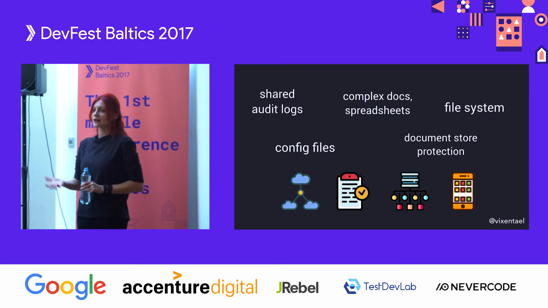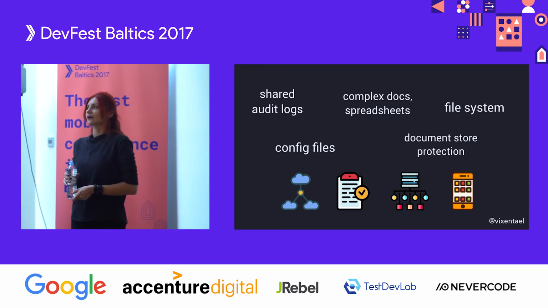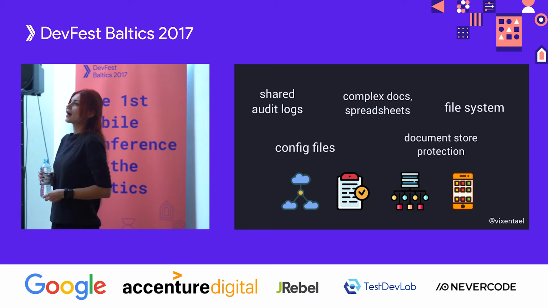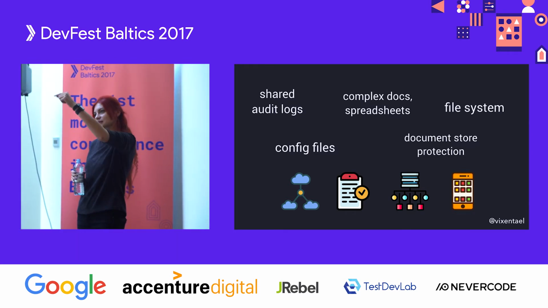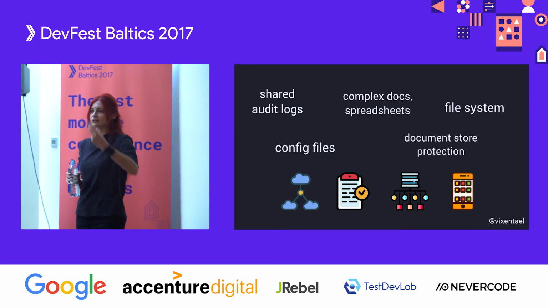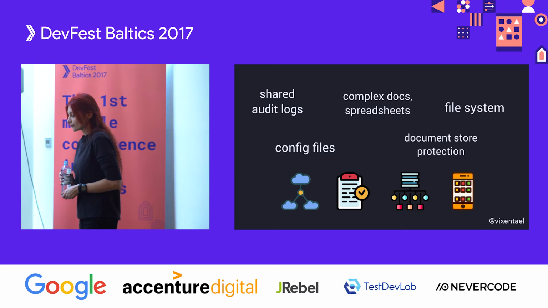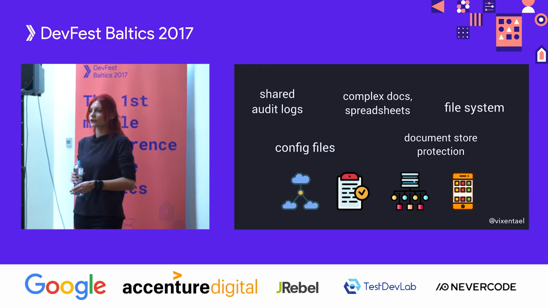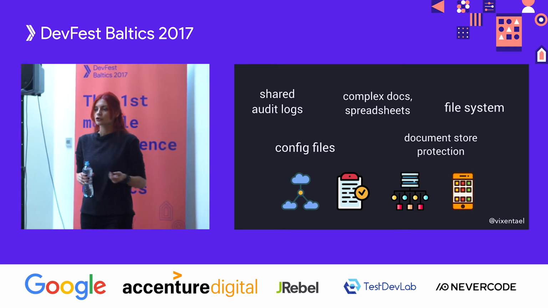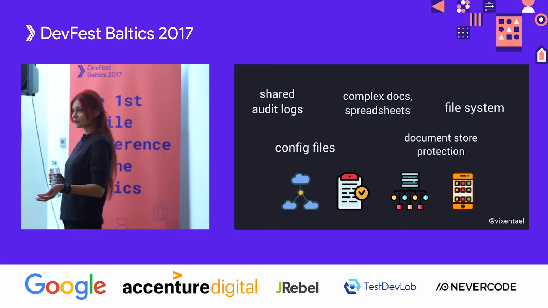Next one is file systems. A file system also has a tree structure, and you are controlling access to different blocks, to different parts of the system, to different files. If you have a large configuration file for your continuous integration or your server infrastructure, you don't want everyone to be able to edit this file, right?